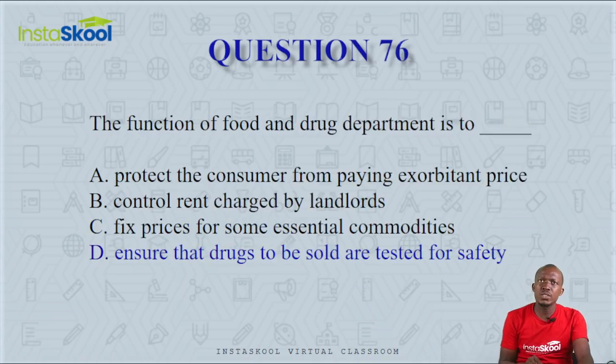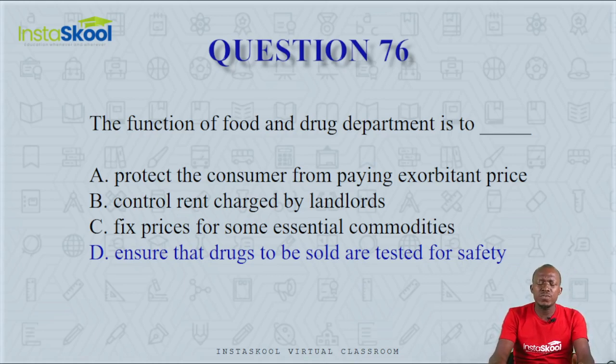Question number 76. The function of Food and Drug Department is to dash. Is it to protect the consumer from paying exorbitant prices, or to control rent that is charged by landlords, or to fix prices for some essential commodities, or to ensure that drugs to be sold are tested for safety?